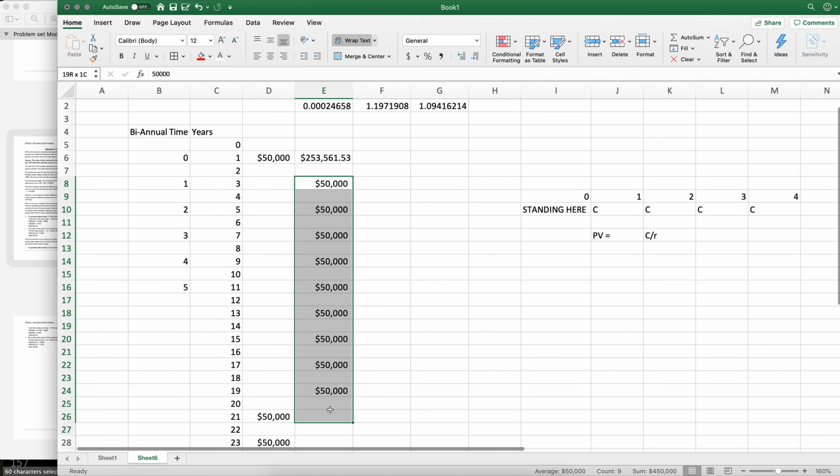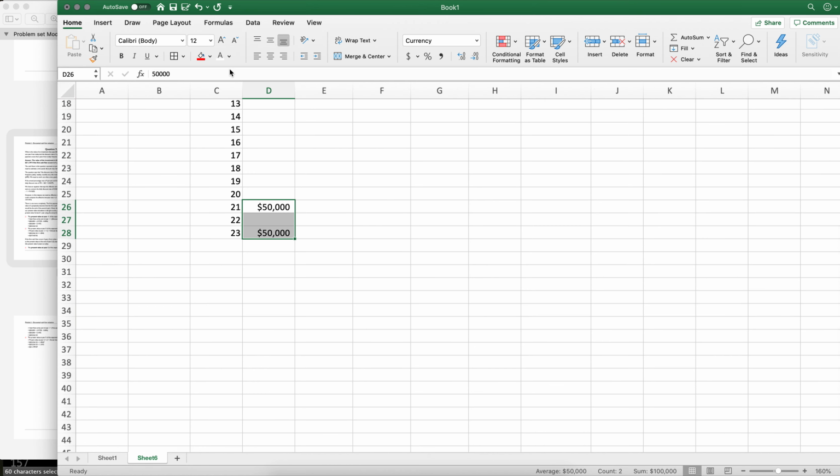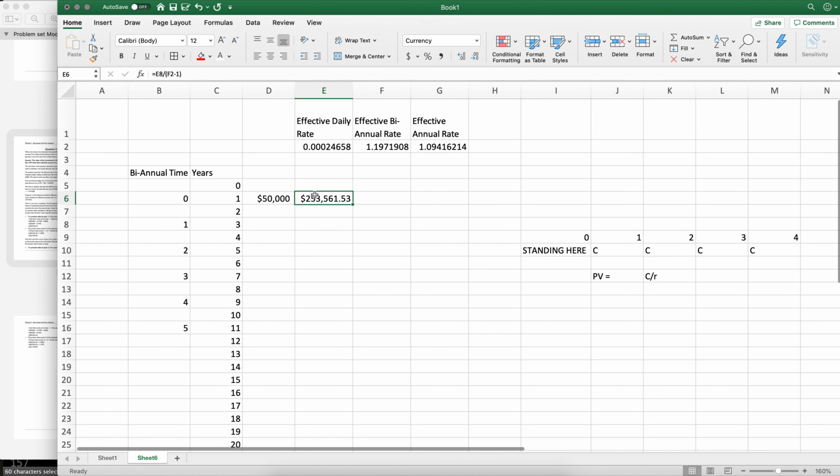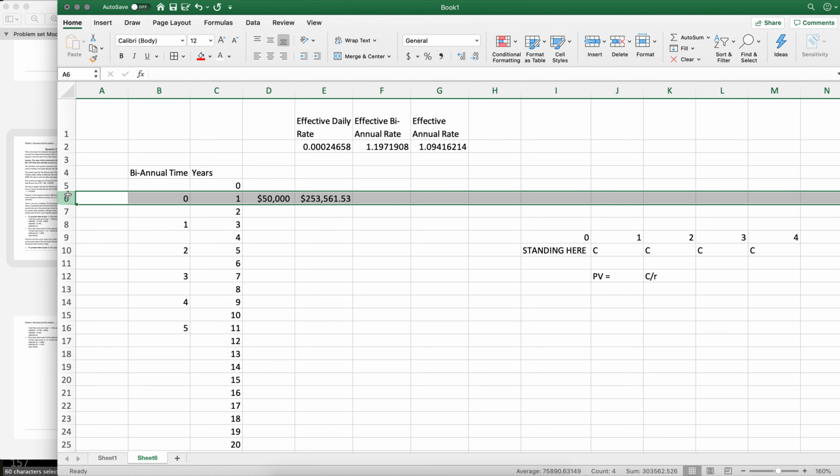And I'm going to black out all of these numbers now because this is how much someone would pay at time 0 for all of the cash flows in here. It is the present value of the perpetuity that pays $50,000 every other year.